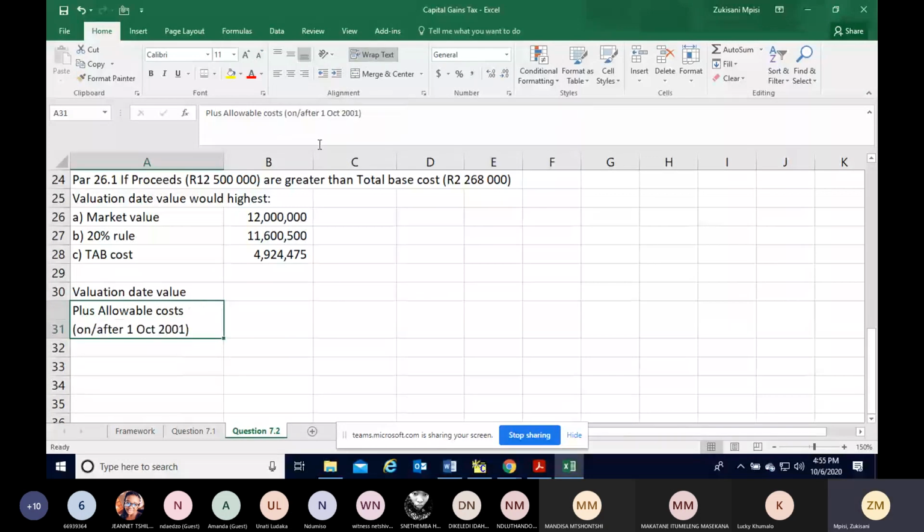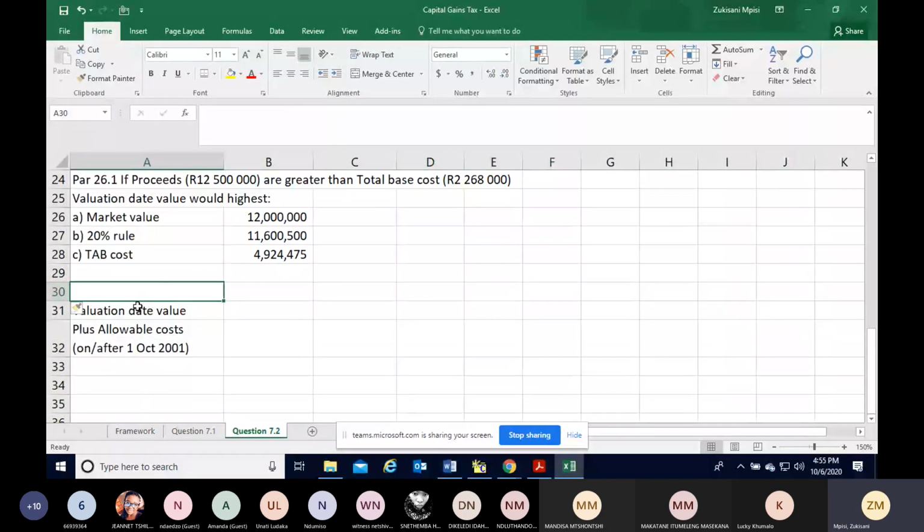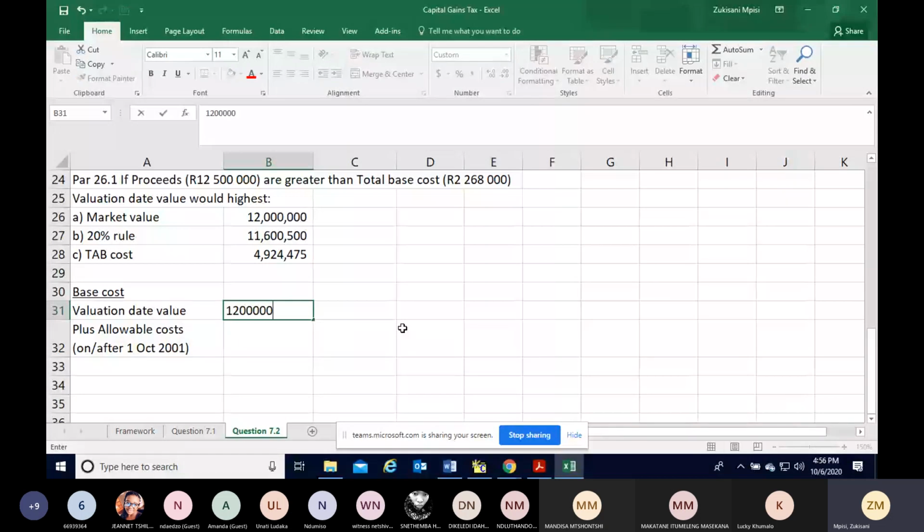Why am I confusing myself? So this would be your main question to calculate the base cost. So this would be how you calculate the base cost. So this is the total of the base cost. So in this case, we have the valuation date value as the highest, which is 12 million.